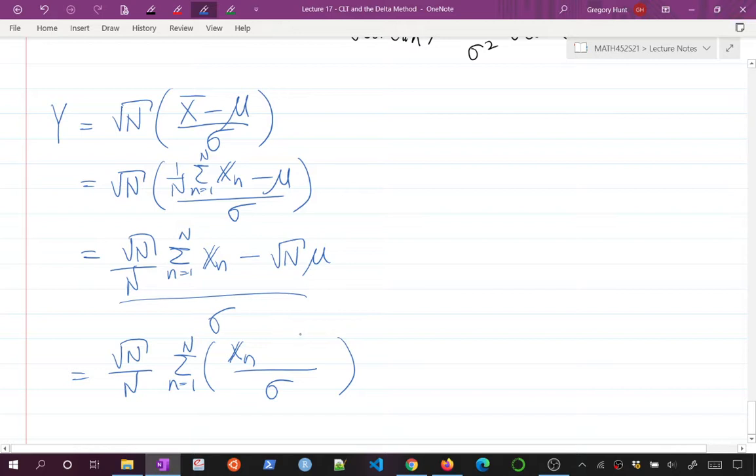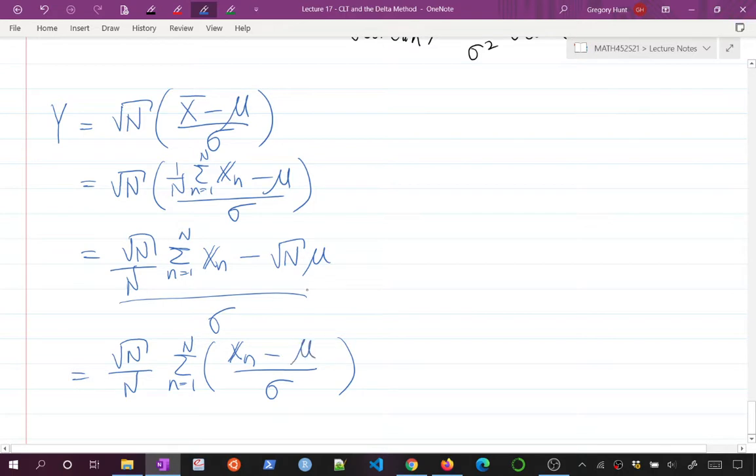This is what I want to do. Why am I pushing that root n around? Sure, let's do that. I can pull that in.